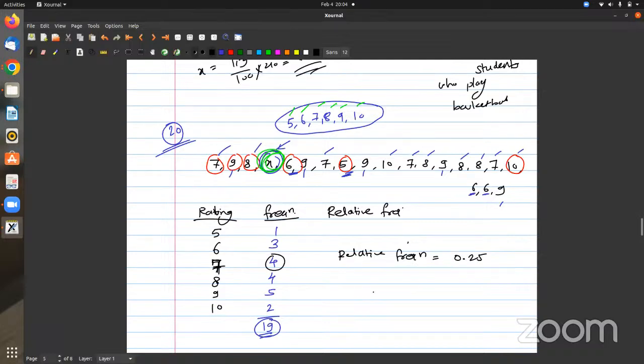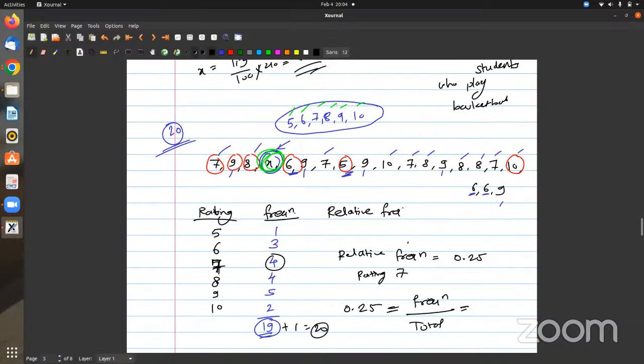What is the definition of relative frequency? It is frequency divided by total frequency.